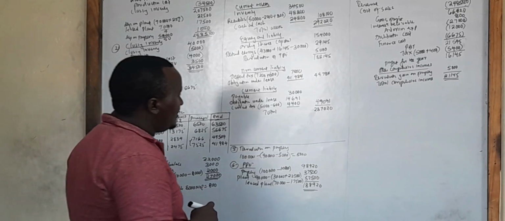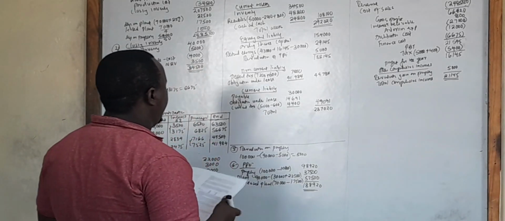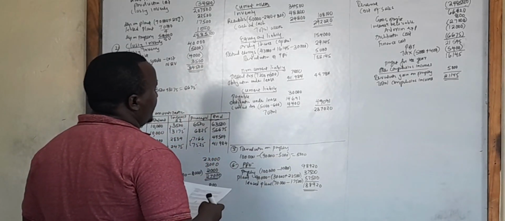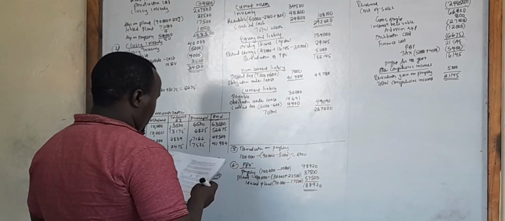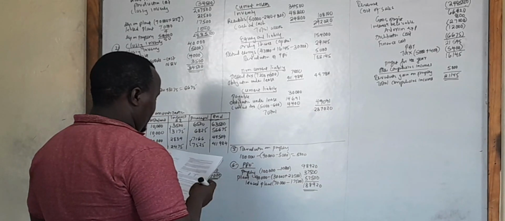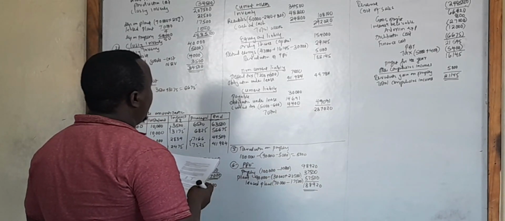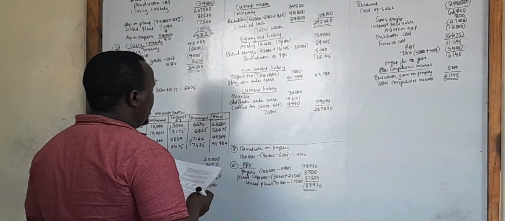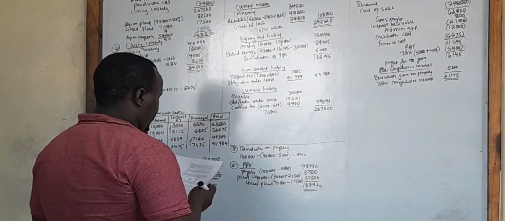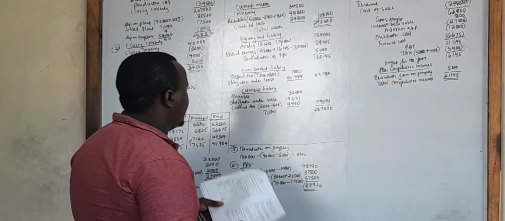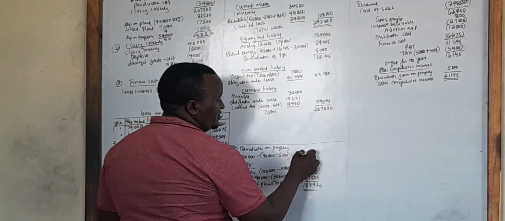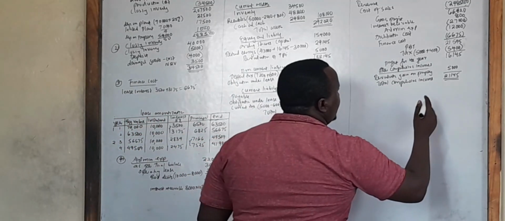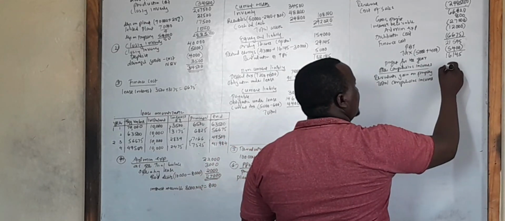So our valuation should be 15 into 5. So this valuation should be 15,000. Yes, this should be 15.